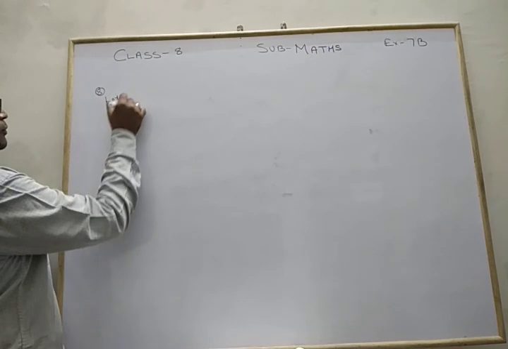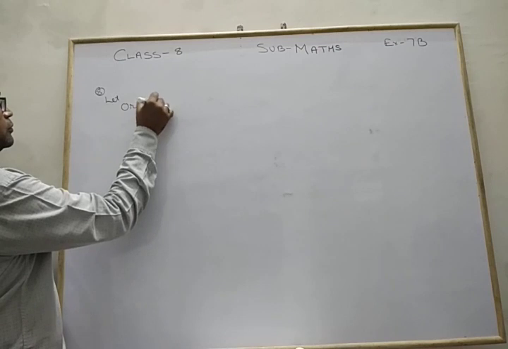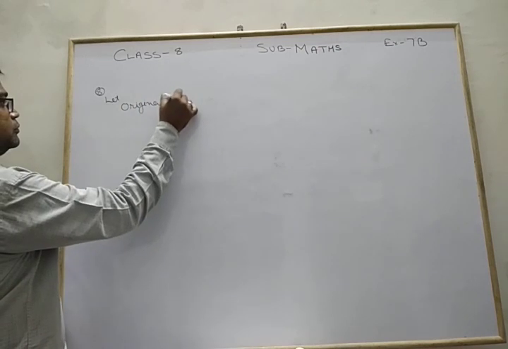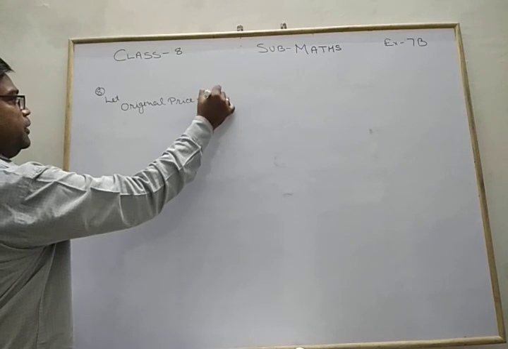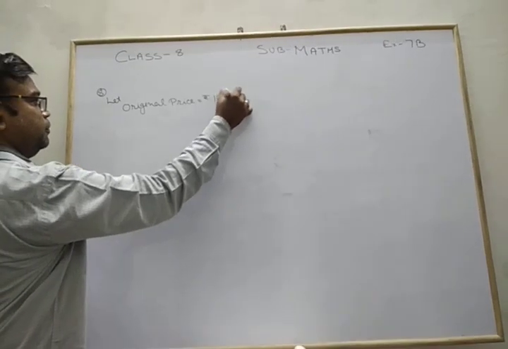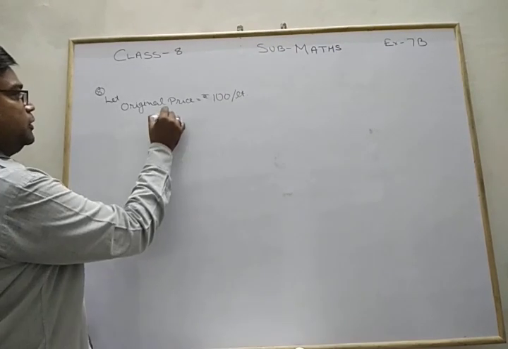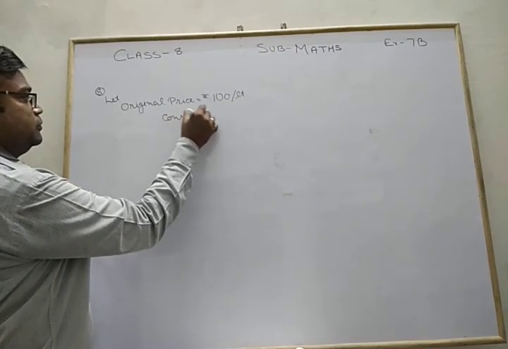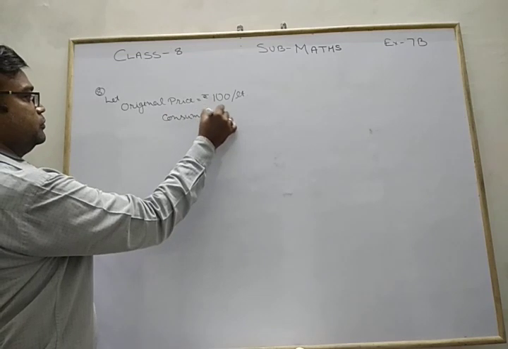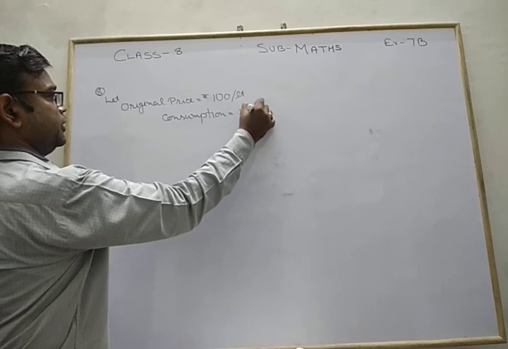Here, price or rate is rupees 100 per liter. Original consumption, all things about original. Let it be X liters.